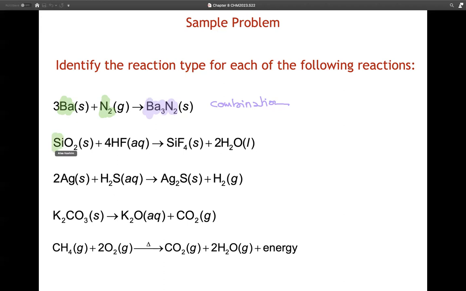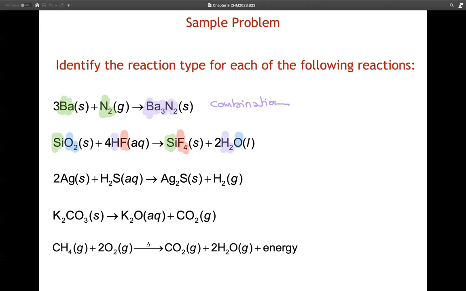Silicon, and here's silicon right here, oxygen. We have oxygen right here. Hydrogen. We have hydrogen right here. And fluorine. We have a fluorine right here.